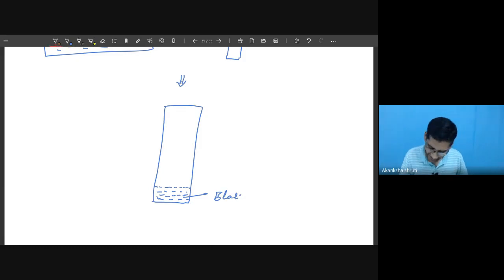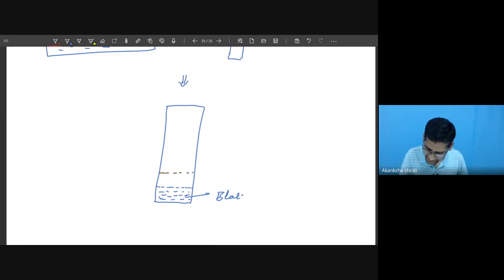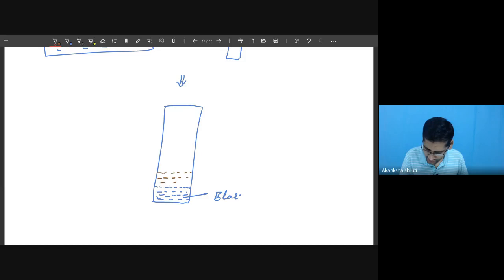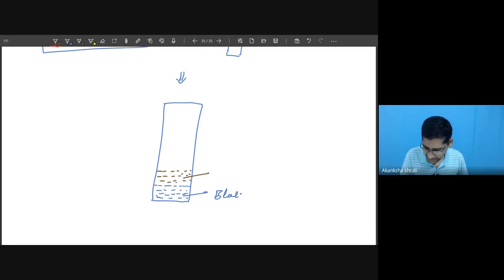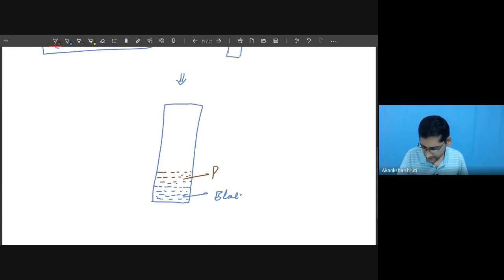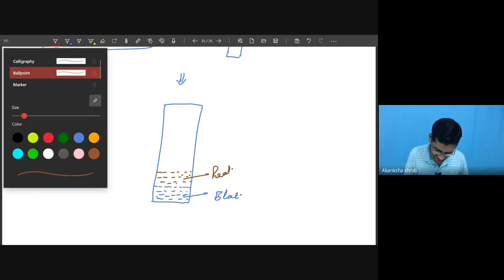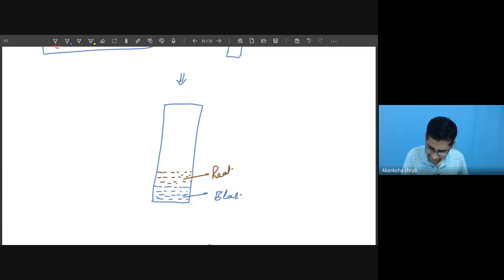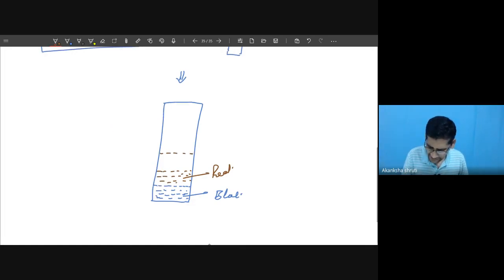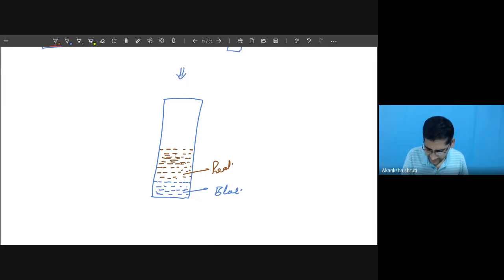The next region, say the red color is able to dissolve more in water, there you will get the red color on the same paper. If you take some other colors, say green, the green I am considering is able to dissolve even more. This is our green.